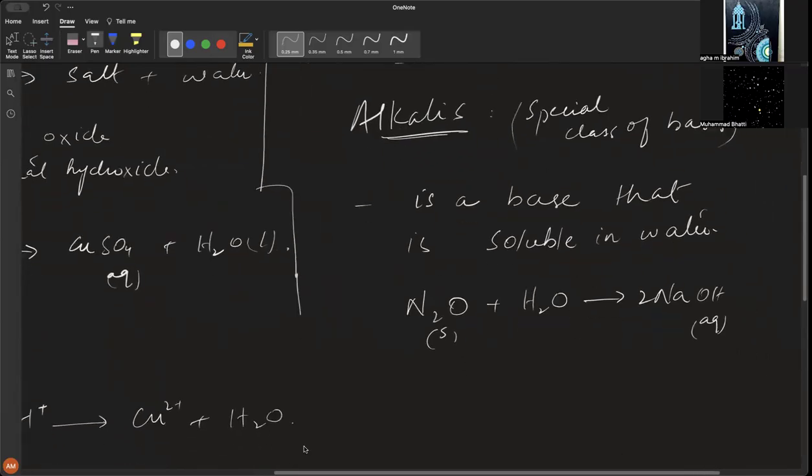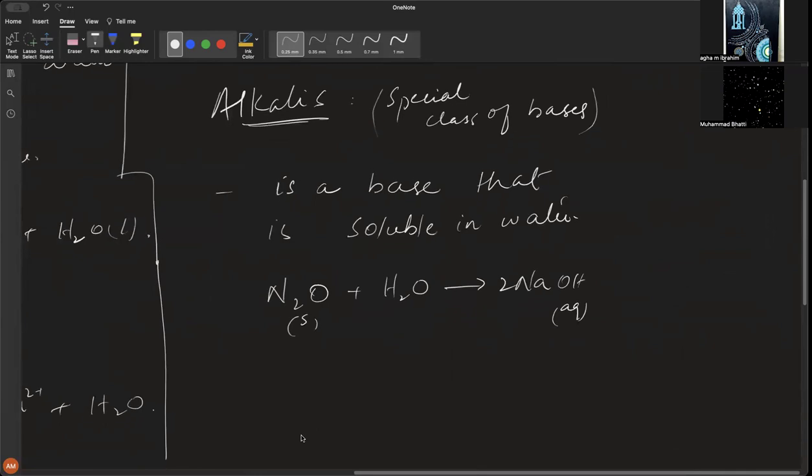Some common alkalis that you're going to come across in your assessments are sodium hydroxide, potassium hydroxide, calcium hydroxide, calcium oxide, barium oxide. All of them are alkalis.